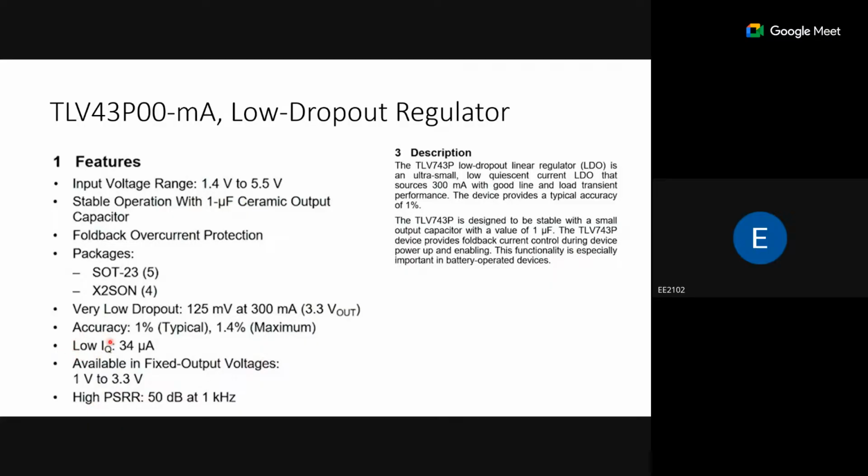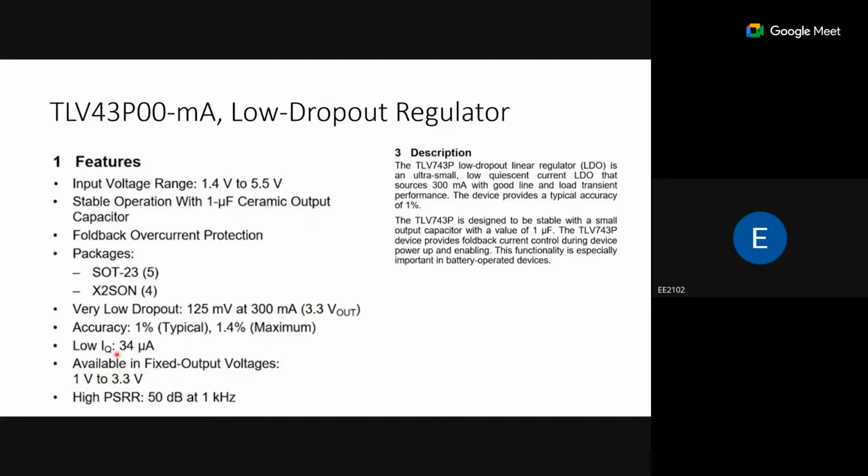Basically, another important parameter is low IQ, that is, the quiescent current value. That tells about the stability, or stable point, of the regulator. If this stable point is 34 microampere, then based upon the specification you have to change the resistance value, and then design it. Similarly, what is the fixed output voltage?